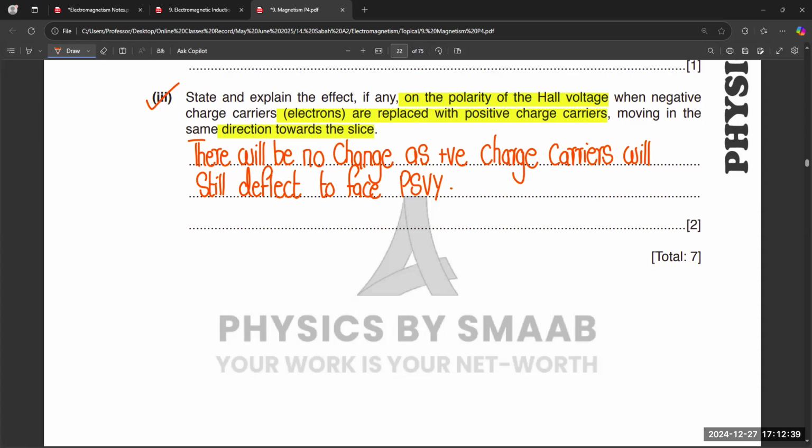So these are the ideas from the Hall probe.